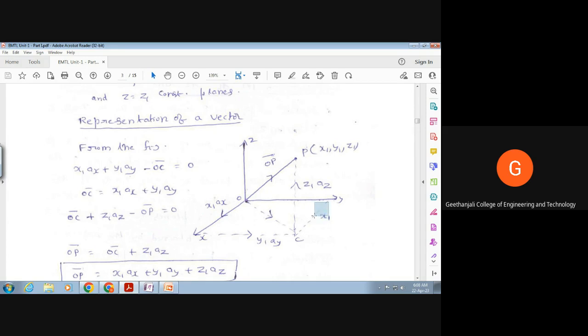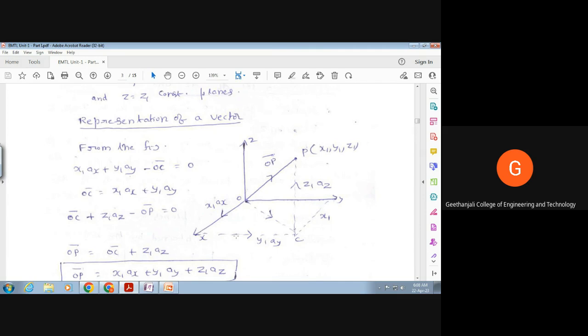This is x1. So when this distance is x1, this also will be x1. This distance is also x1. So if I assign a direction of ax, this vector becomes x1 ax.